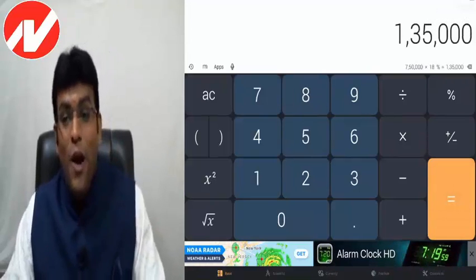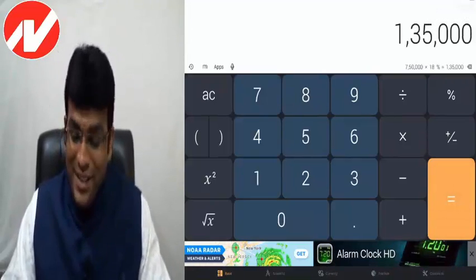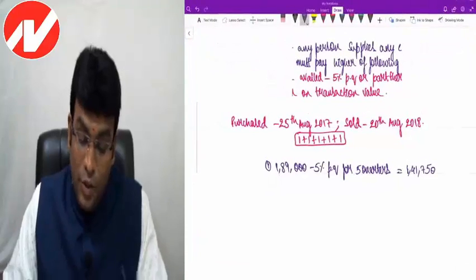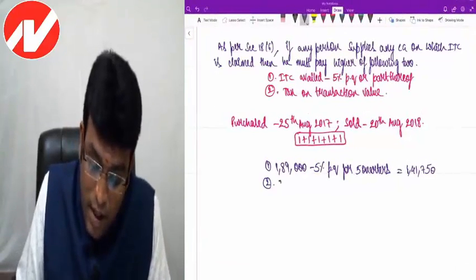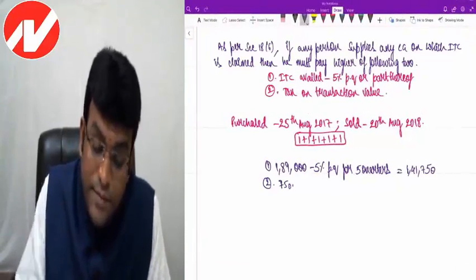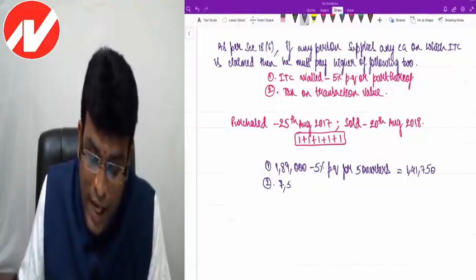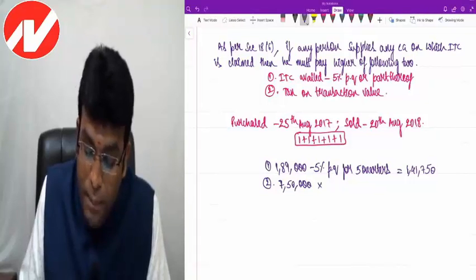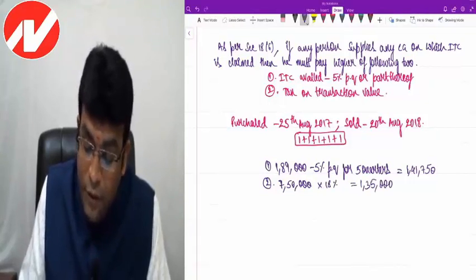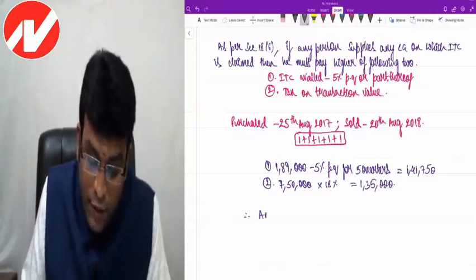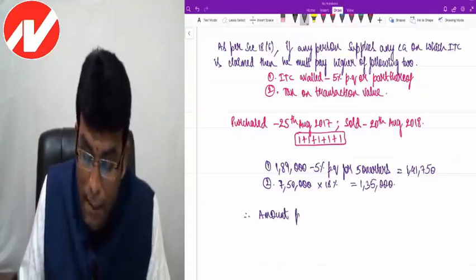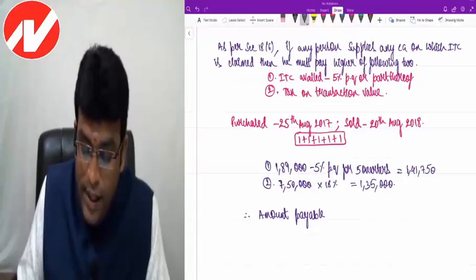That comes to 1,35,000. So tax on transaction value is 7,50,000 into 18%, which comes to 1,35,000.